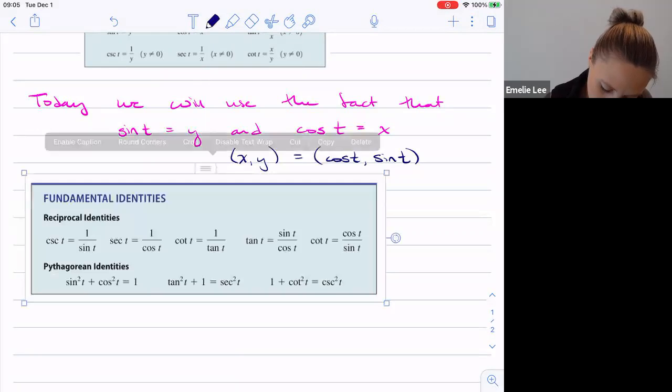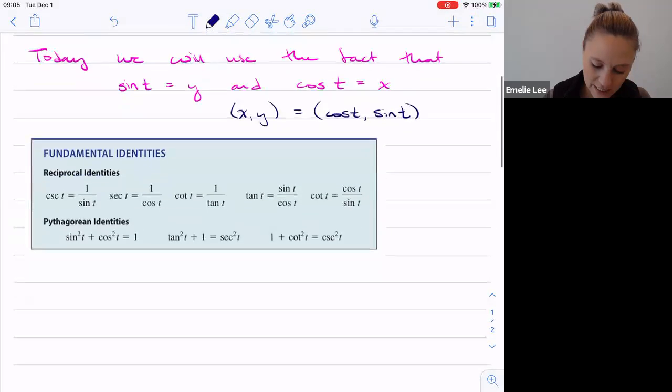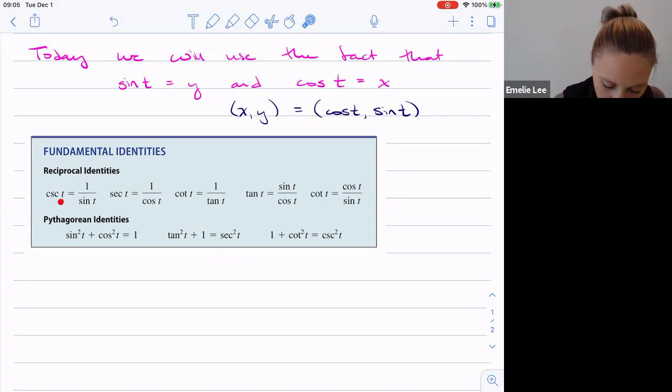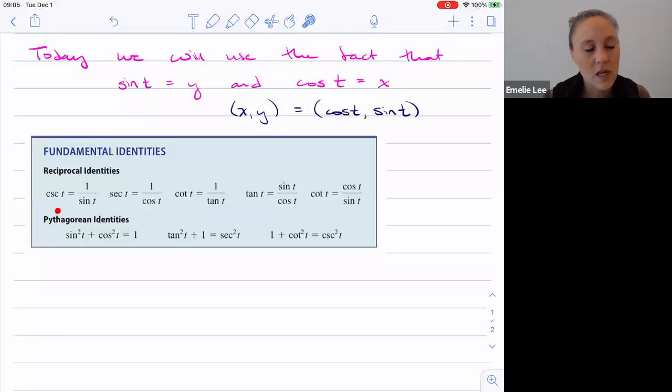Okay. We also talked about the fundamental identities, right? The first 3 we use to be able to use our calculator to find cosecant, secant, and cotangent, right? Because we only have buttons for sine, cosine, and tangent. So we need to be able to rework the buttons, in quotes, that we don't have in terms of the buttons that we do have, right?